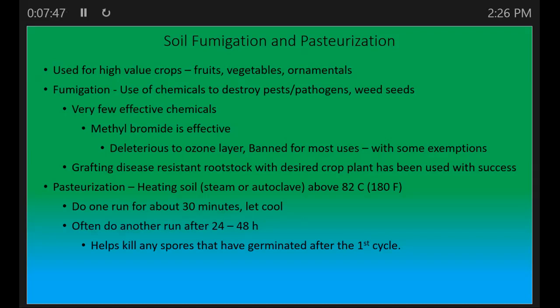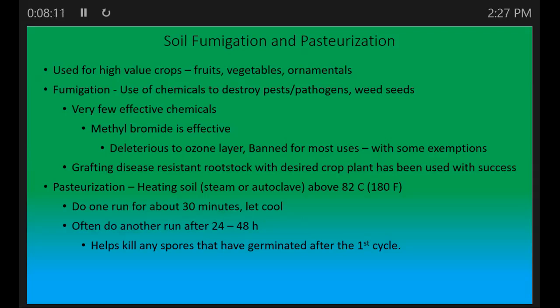Methyl bromide was the tried and true thing, and was used with great abandon for many, many years. Then they realized, oh, gee, it's hurting the ozone layer. Oh, gee, it doesn't have the best health implications for animals and other organisms that interact with this chemical.